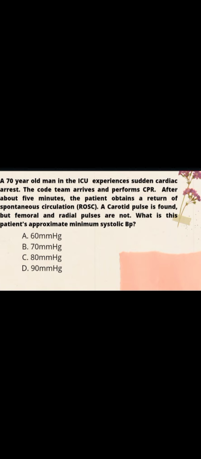ROSC is detected by arterial pulse palpation and end-tidal carbon dioxide monitoring. When pulses are palpable, it can be clinically inferred that a patient with a carotid pulse has a systolic blood pressure of at least 60 mmHg. The one with a femoral pulse has a systolic BP of at least 70 mmHg, and the one with a radial pulse has a systolic BP of at least 80 mmHg.